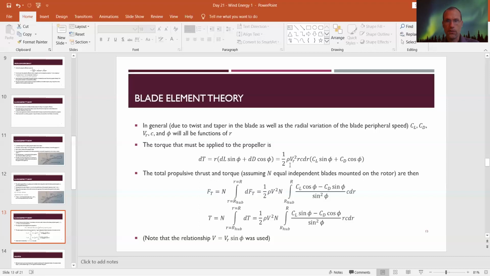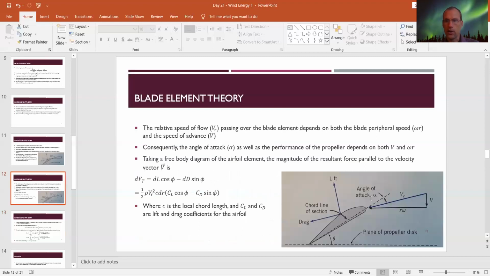So 1/2 rho V squared. VR is going to depend on where I am, the distance R, but V is not. So my incoming blade speed, I'd rather have that in there. So I'm going to replace my VR with a V, but I can't just do that because they're related. V is VR sine phi. Again, I know that this angle in here is angle phi. So VR and V are related.